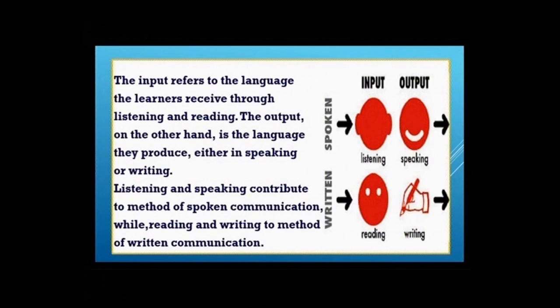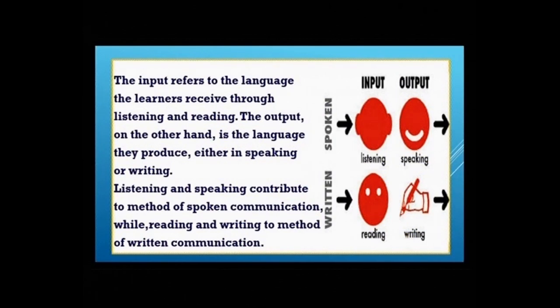So, do you understand the 4 basic language skills? Listening, speaking, reading and writing, and their direction of communication and method of communication. Direction of communication is input and output.